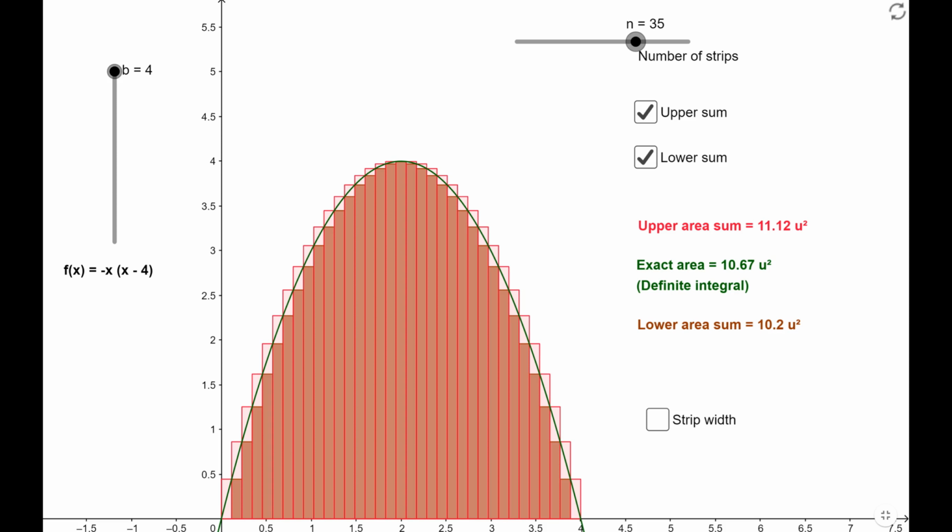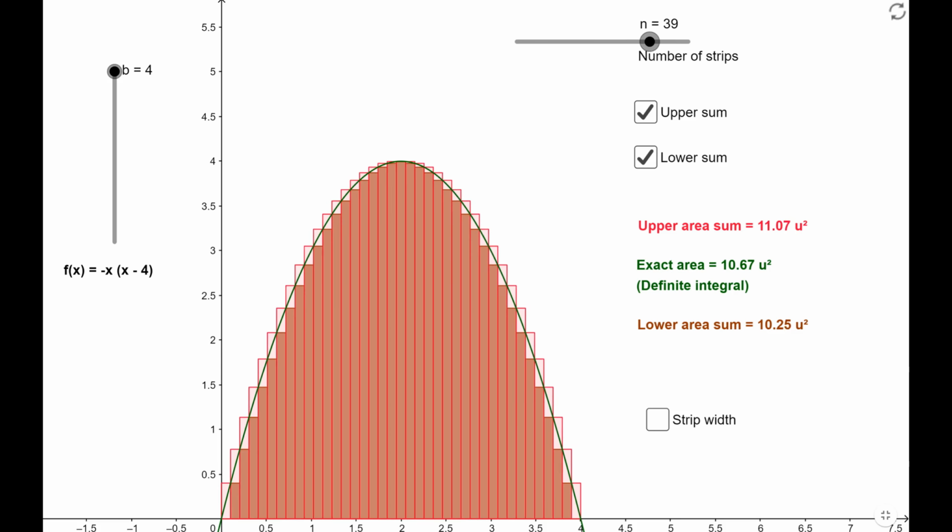We break the area under the curve up into more and more rectangles, and as we do that, the area represented by the sum of those rectangles becomes closer and closer to the actual area under the curve.